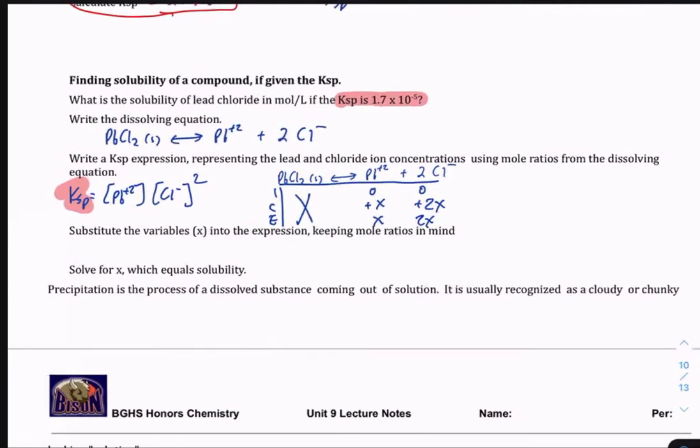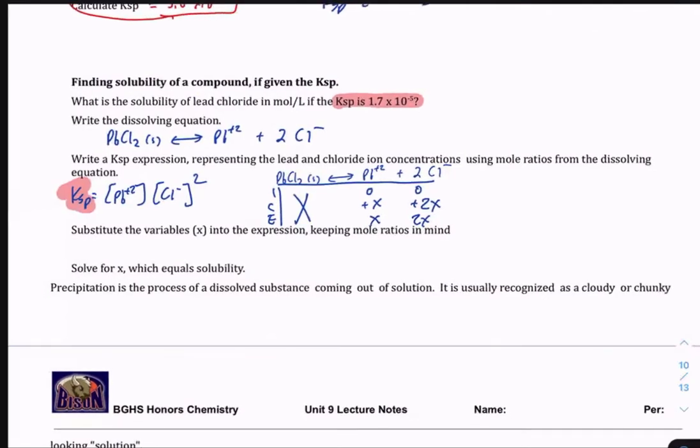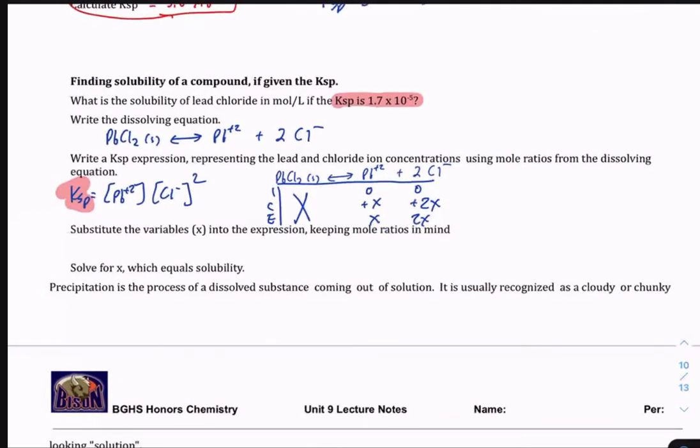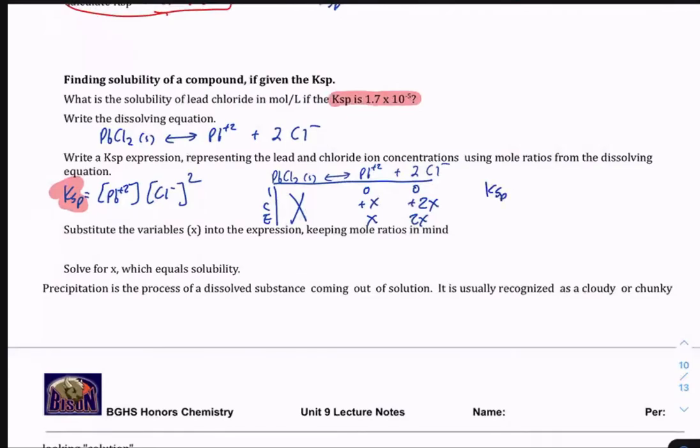And you might say, oh, well, why is that important? It's so that you substitute in the correct variable. Because the KSP will be quantity x times quantity 2x, quantity squared. And since the KSP is known, 1.7 times 10 to the minus fifth is equal to, this all here will amount to be 4x cubed.